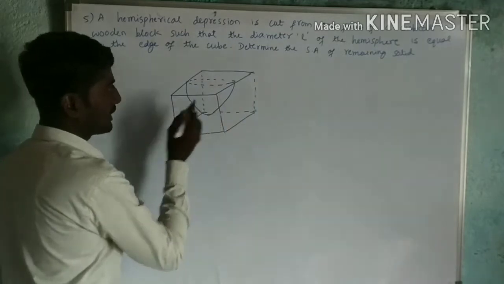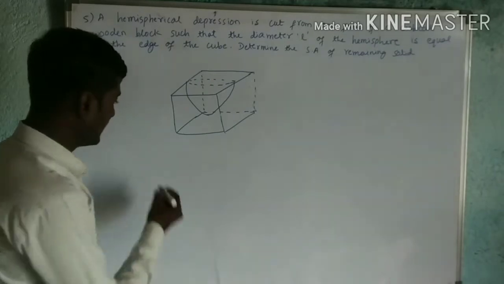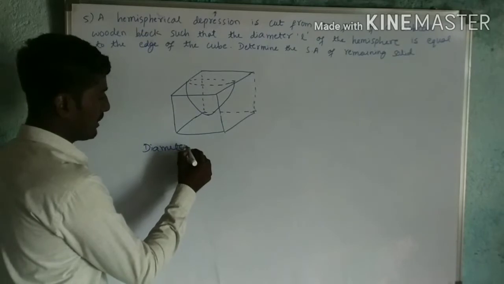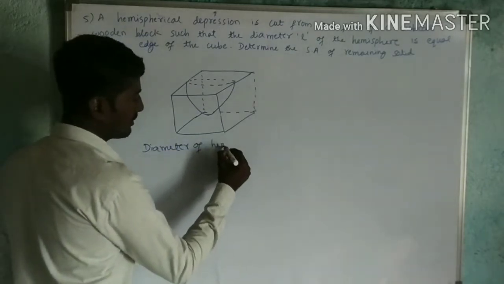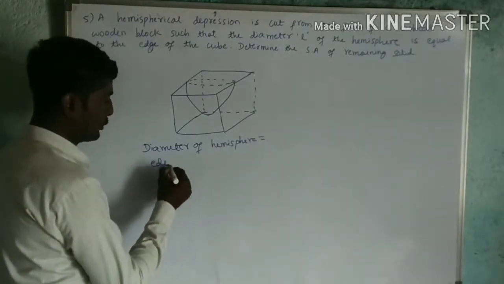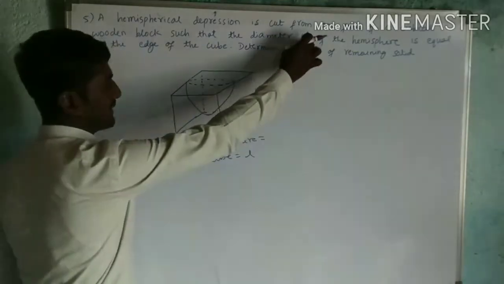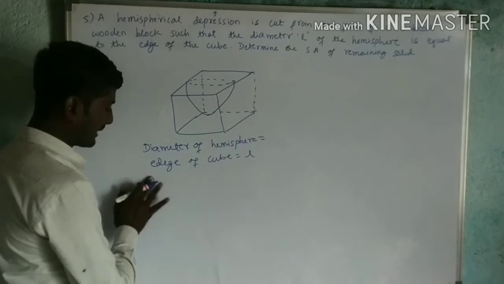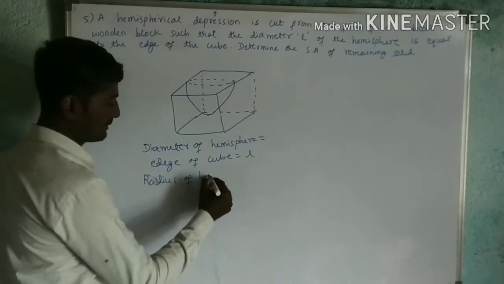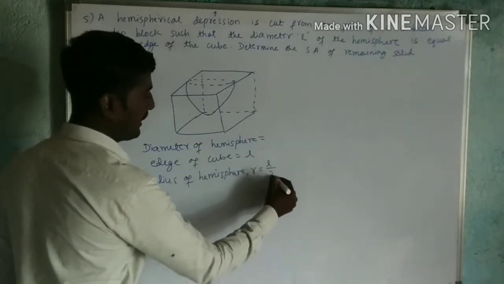So the diameter of the hemisphere is equal to the edge of the cube, which is equal to L. They have given it here as L. Now what will be the radius of the hemisphere? That is r equal to L divided by 2, I can write.